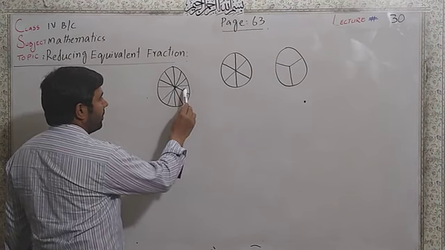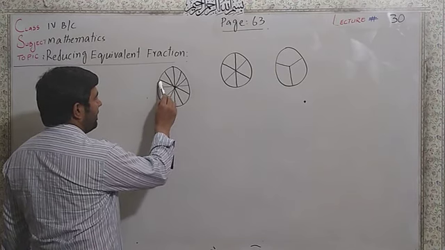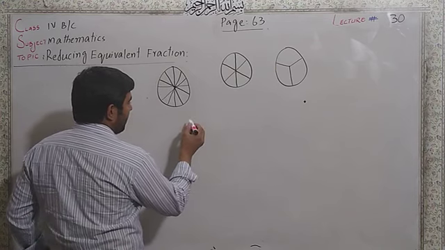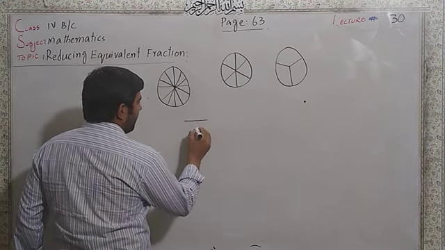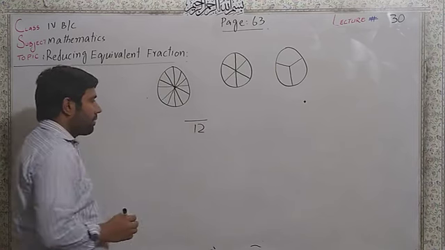1, 2, 3, 4, 5, 6, 7, 8, 9, 10, 11, 12. So you have to write total parts 12.